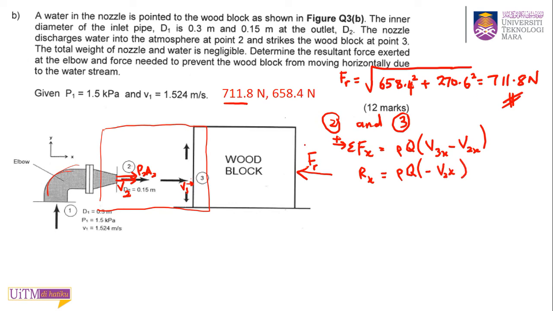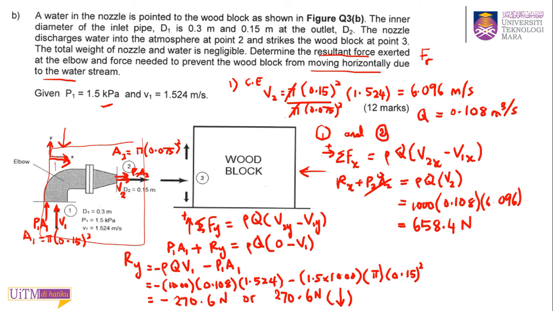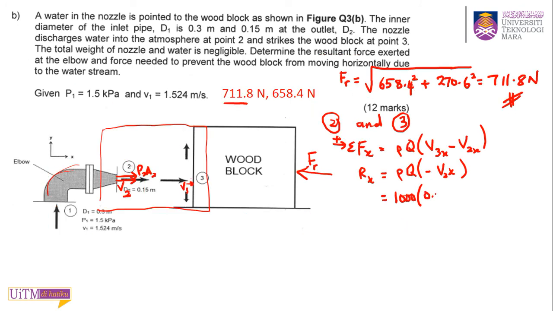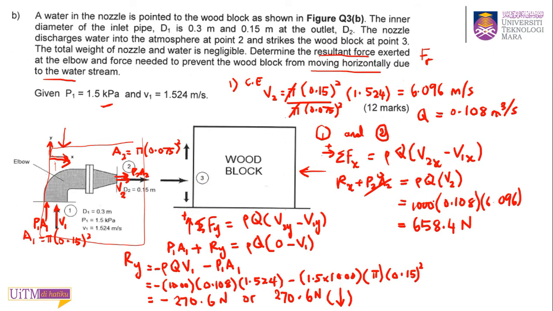Okay, so put back your values: 1000 times Q, what's the Q? 0.108, minus, I put minus in front, times V2. Where's V2?